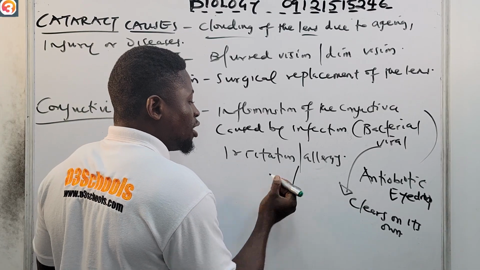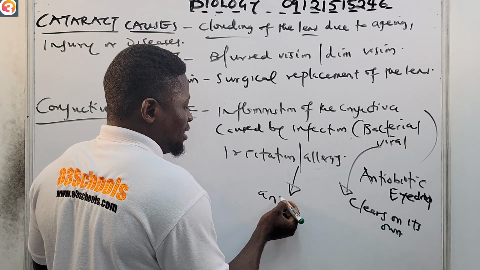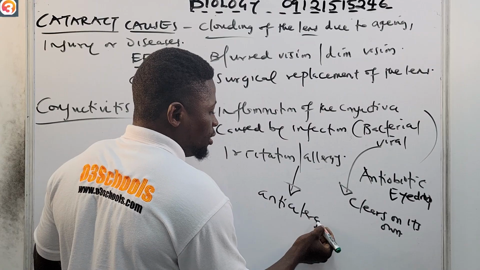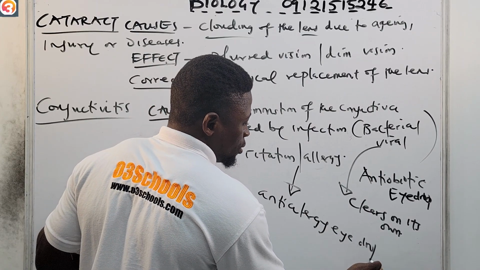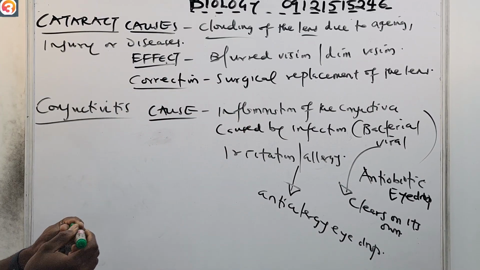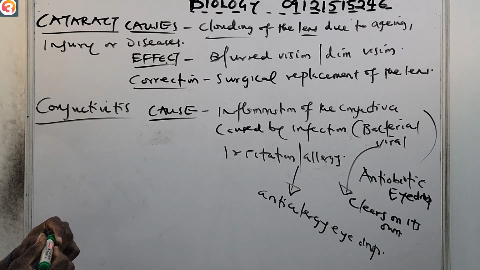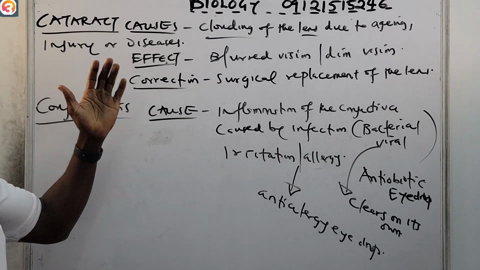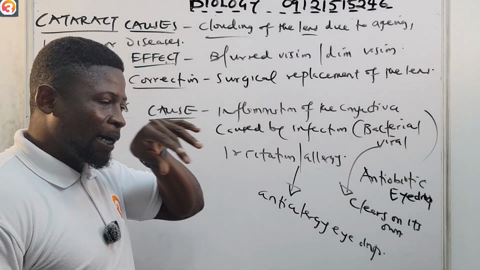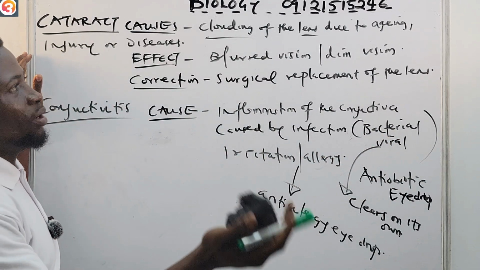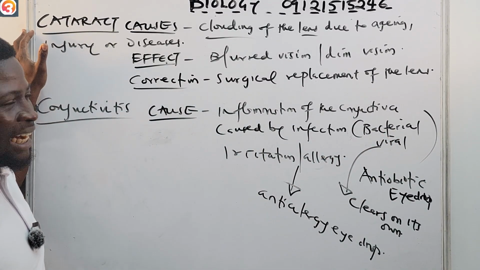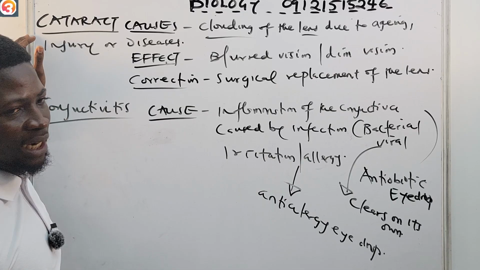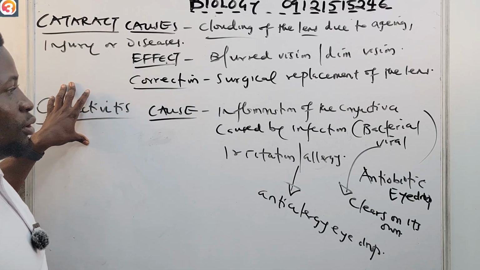If it's caused by irritation or allergy, you use an anti-allergy eye drop. It's as simple as that. So the cause is inflammation of the conjunctiva, usually infection, bacterial or viral, or irritation or allergies. This is how you correct them. So that's all about conjunctivitis.